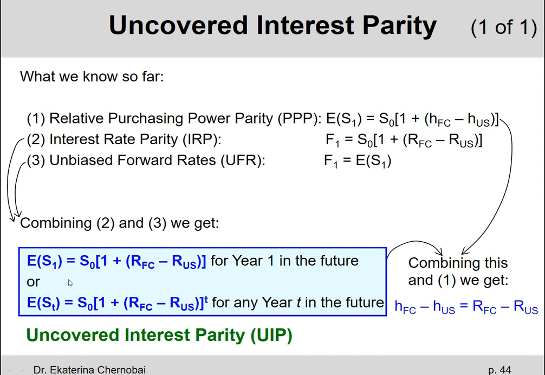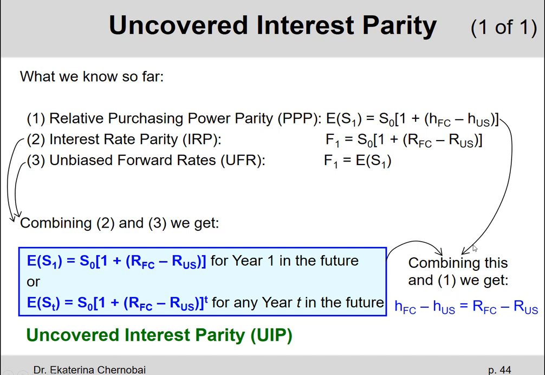In the last new formula that we have just derived, the uncovered interest rate parity, in the brackets, we instead have 1 plus the difference between the foreign and the domestic risk-free rates. So the difference in the inflation rates equals the difference in the risk-free rates. That statement must be true.